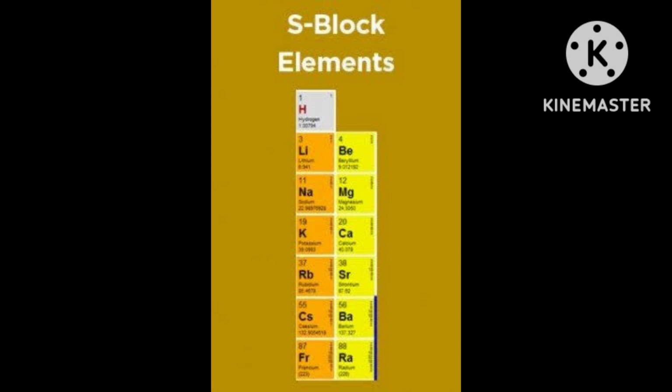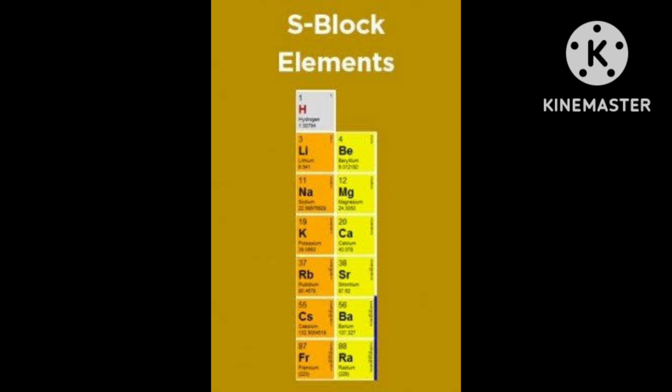Beryllium is an exception. Group 2 metals are called alkaline earth metals with the exception of beryllium.